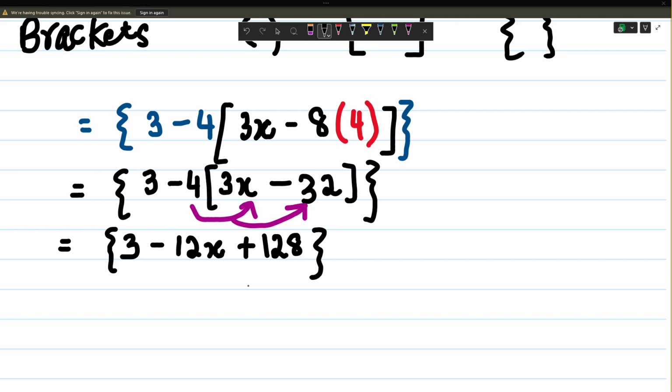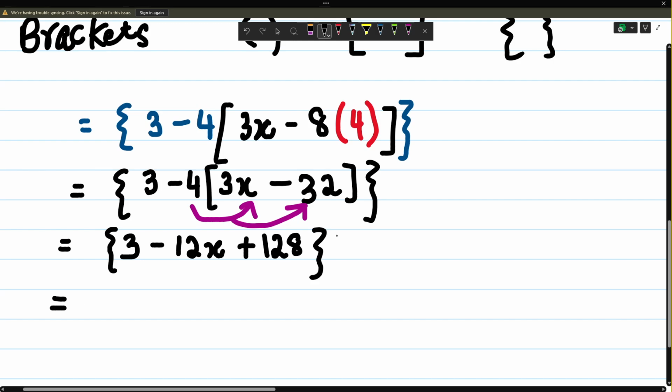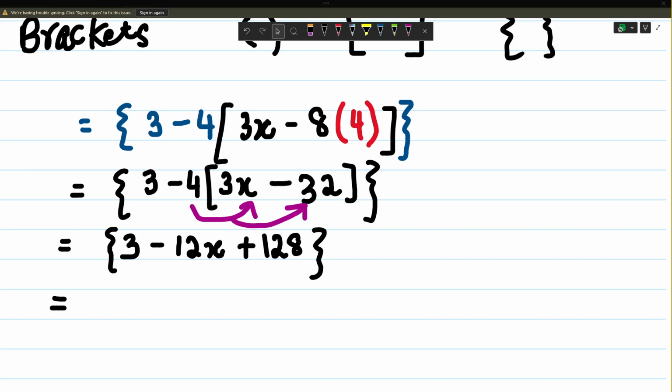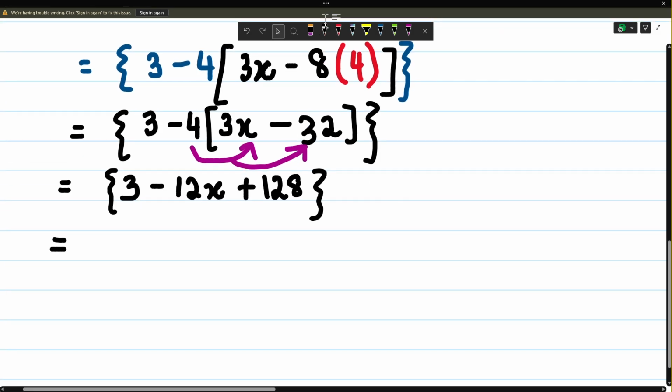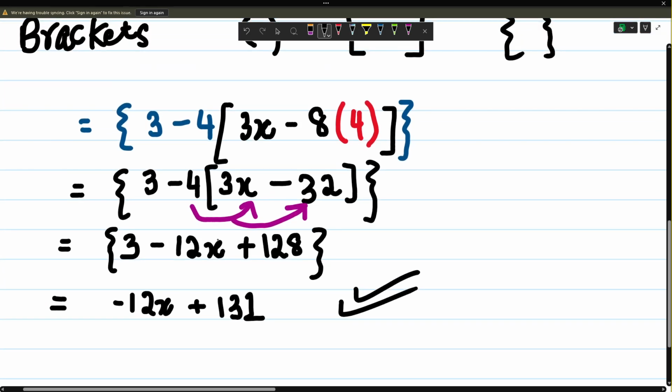So now simply we are left with the big bracket. Now अगर हम big bracket हटा भी दें, there is no issue because everything is inside the bracket. Okay, so moving on, our final answer is going to be minus 12x plus 131. ठीक है, this is your final answer, right.